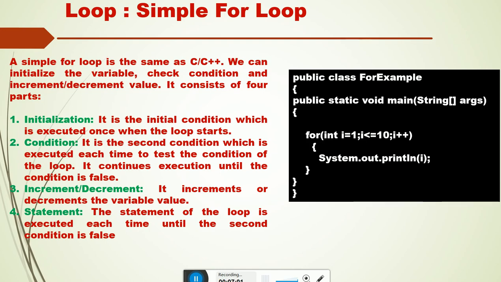Likewise it will execute 10 times, 1, 2, 3 up to 10. Again the value of i is increased to 11. Now it will check whether 11 is less than or equal to 10, no, it's false, so your control will exit from the loop. This is the simple for loop program.